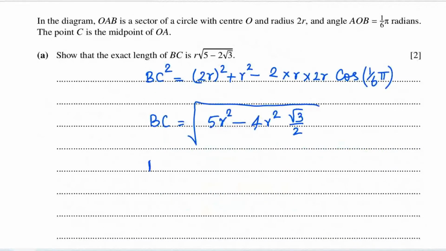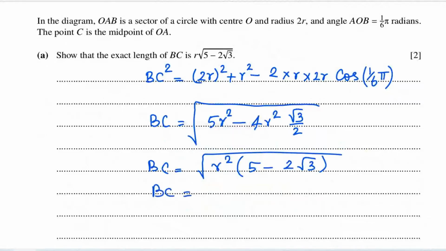So BC equal to, take out r square commonly, the square root of 5 minus 2 square root of 3. This can be written as BC equal to r multiplied by square root of 5 minus 2 multiplied by square root of 3.